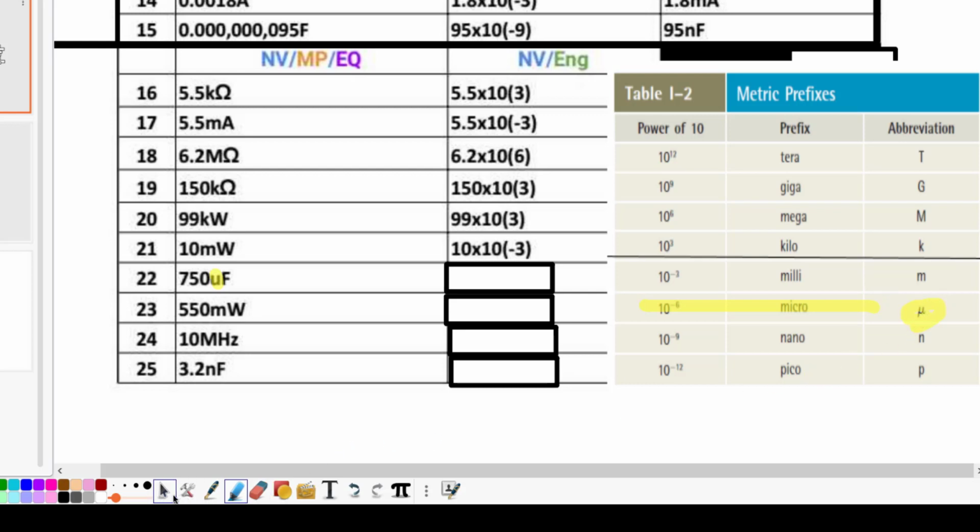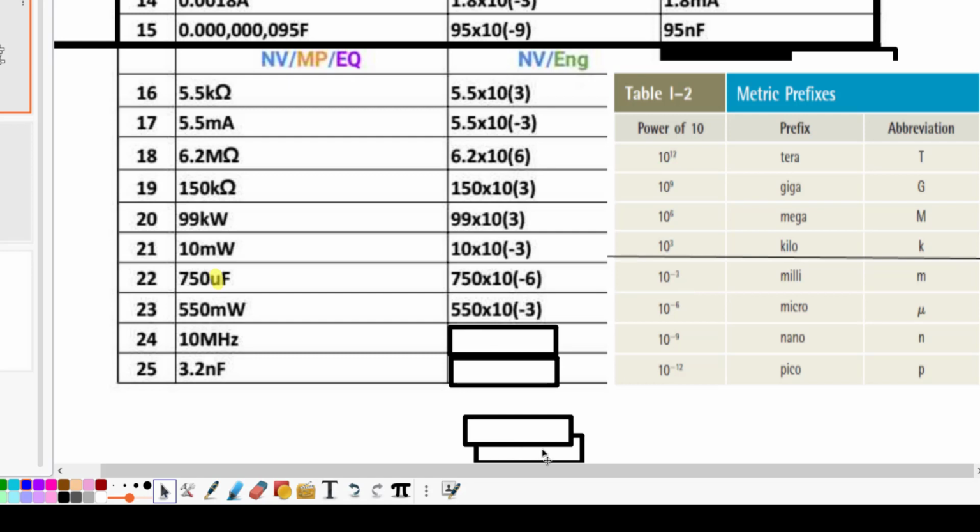So I'm going to use the letter U, which tells me that corresponds to times 10 to the -6. 550 milliwatts. And lowercase m tells me that it is times 10 to the -3rd. 10 megahertz, so it's going to be 10, and mega is the 6th.